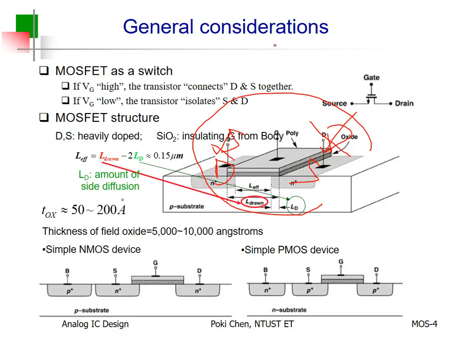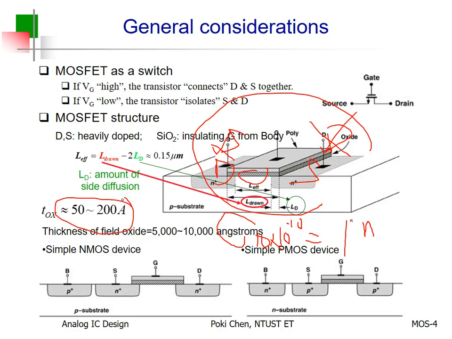And how about the thickness of the silicon dioxide? In the past, tens of angstrom, but right now maybe only 10 or even less. Wow. How much is an angstrom? Actually, 10 to the minus 10th order. If you have 10 angstrom, what does it mean? Only 1 nanometer in thickness. 1 nanometer means what?